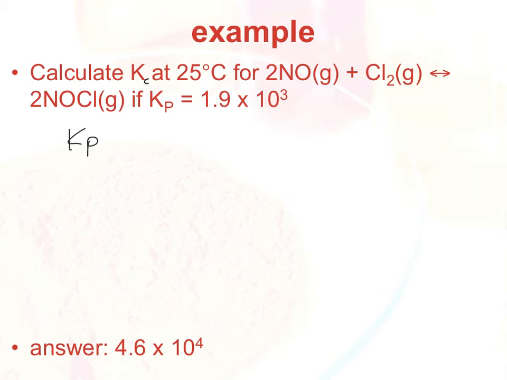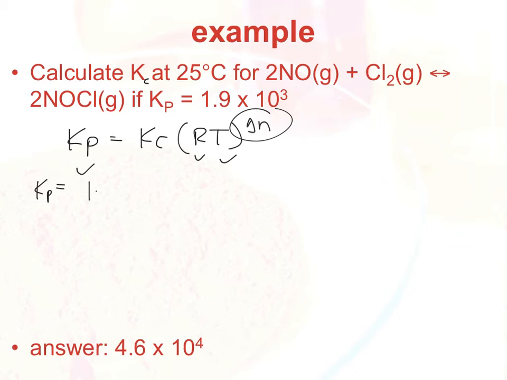So Kp is going to be equal to Kc times RT to the delta N. In this case, we know Kp, we know R, we know T, and we can figure out delta N. So we'll go ahead and write all of our variables out first that we are going to plug in.